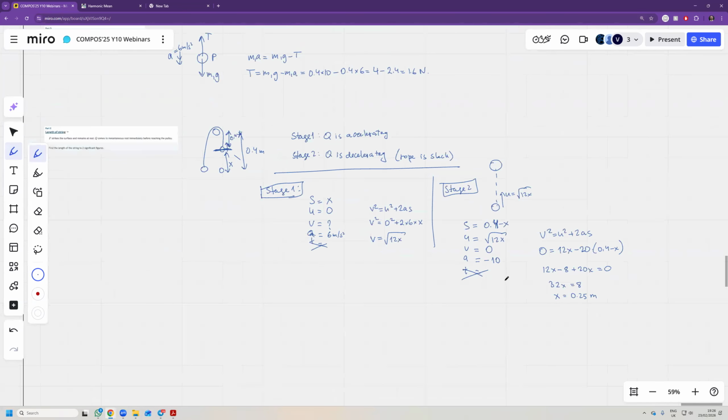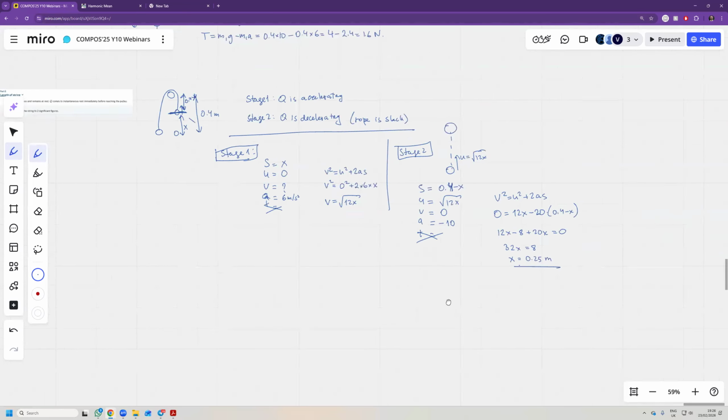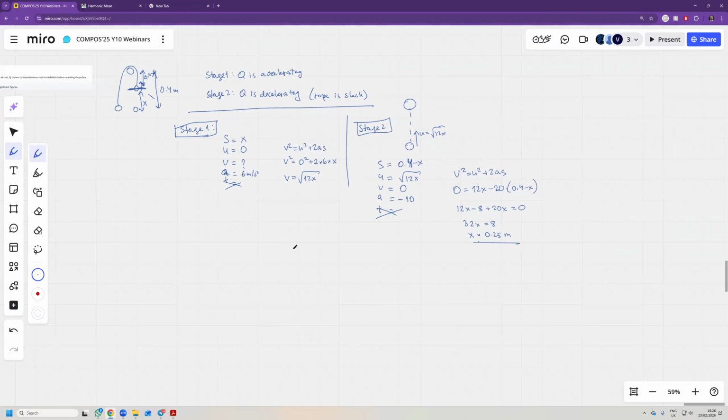Right. So when P hit the ground, Q was 0.25 meters above its start. This is 0.4 meters, so this must be 0.4 minus 0.25, so this is 0.15 meters.